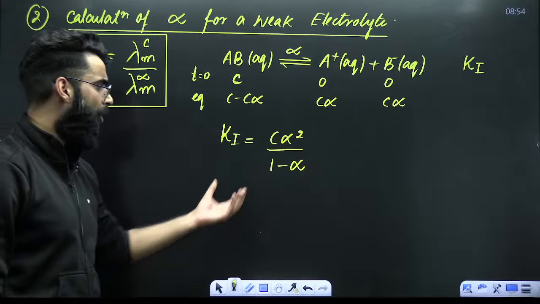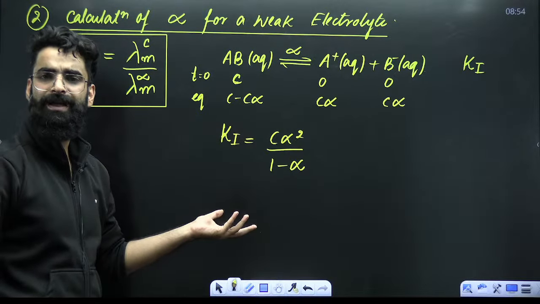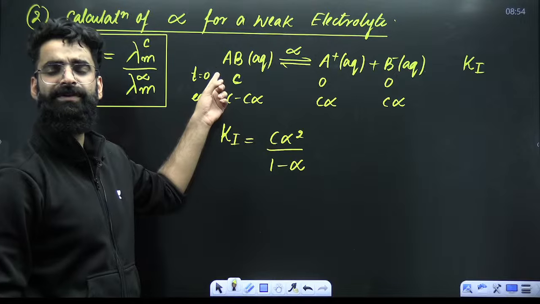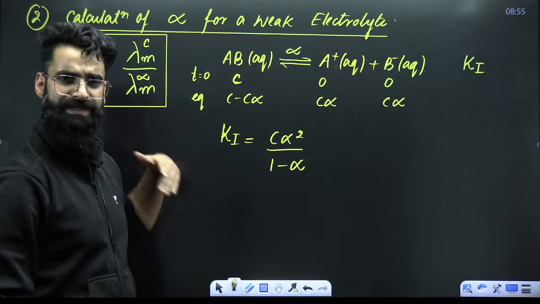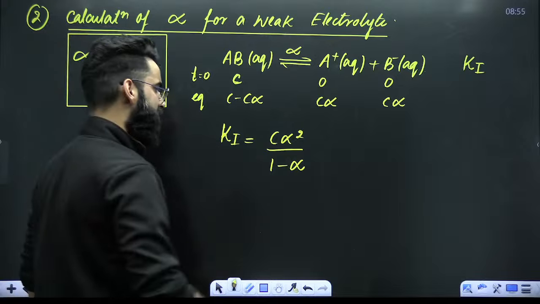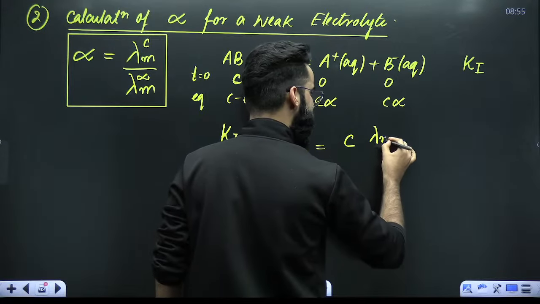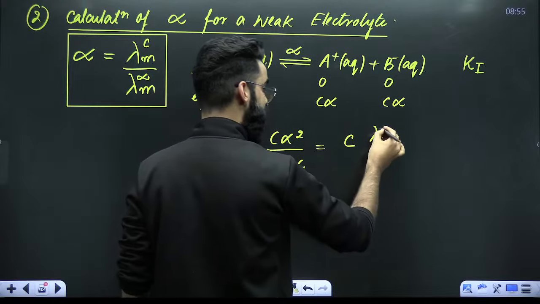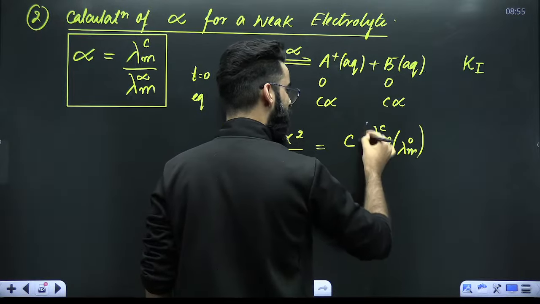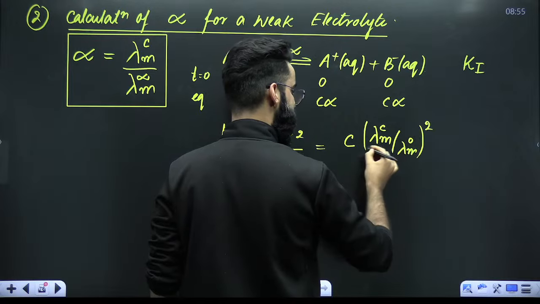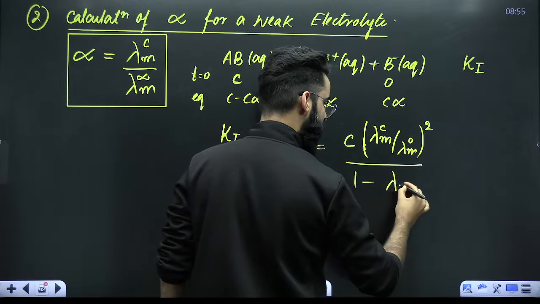Now, my dear students, alpha you already know. Alpha is the molar conductivity of the weak electrolyte at a given concentration divided by the molar conductivity of the same weak electrolyte at infinite dilution. Put that in C alpha square divided by 1 minus alpha.